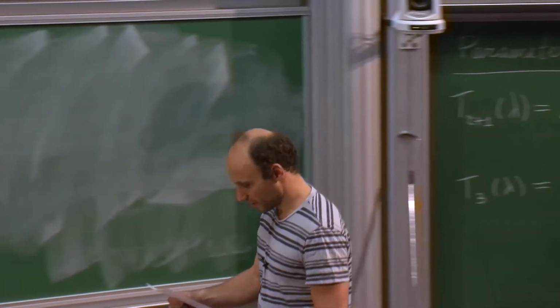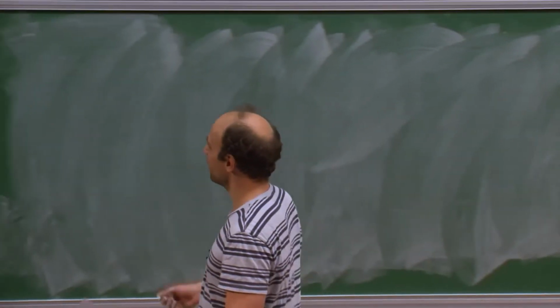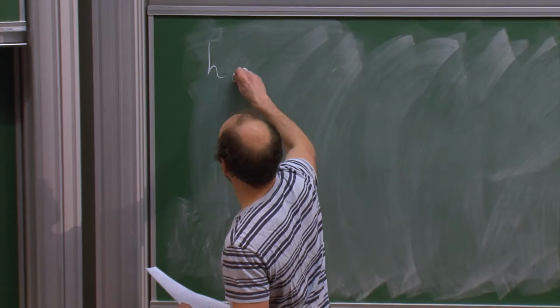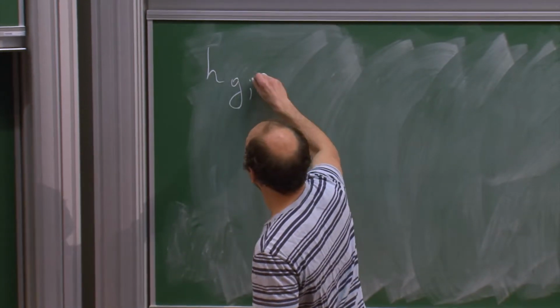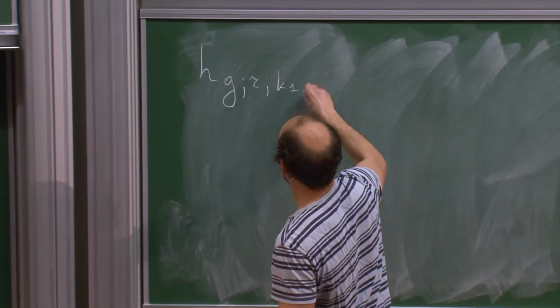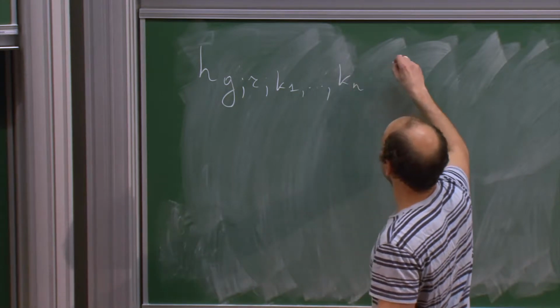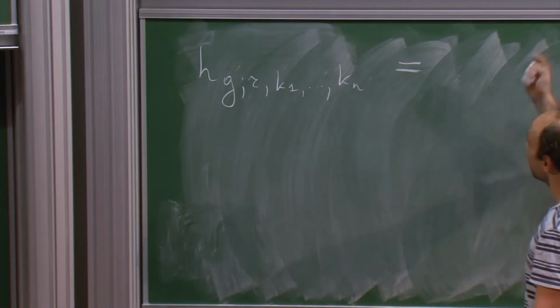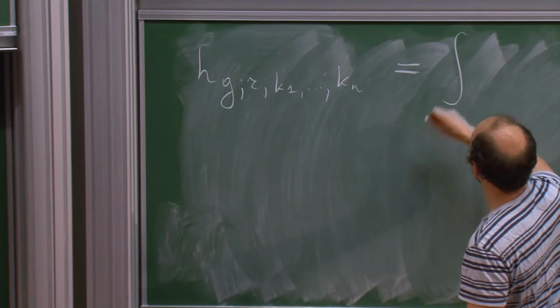And I can write a concrete equality. So this Hurwitz number H_{g,r}(k_1, ..., k_n) is equal to a Gromov-Witten invariant.